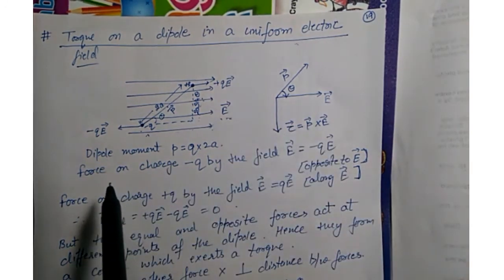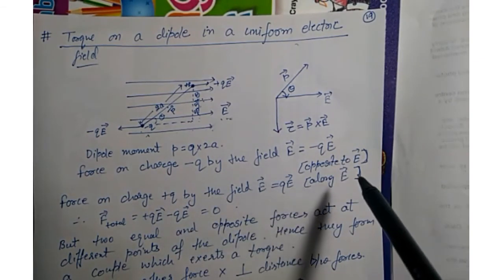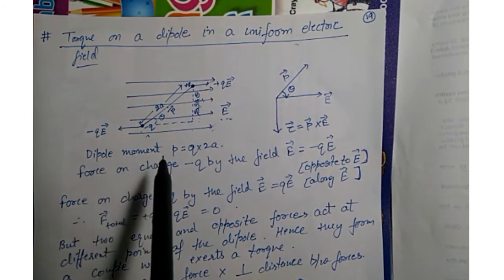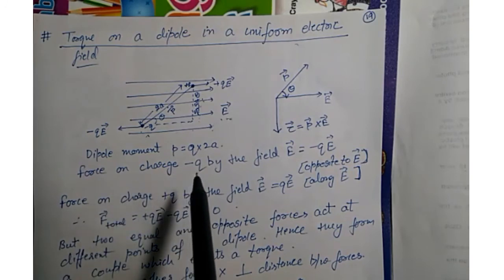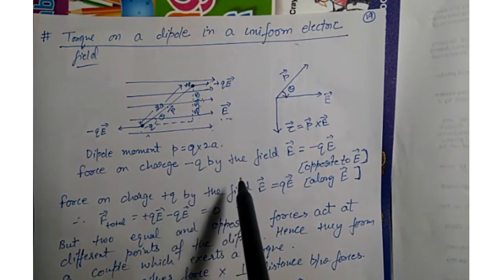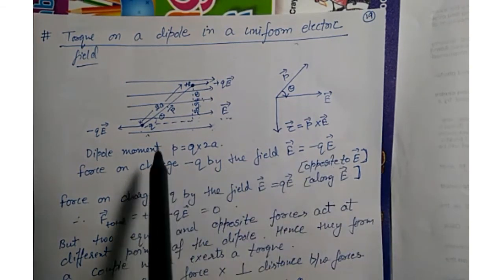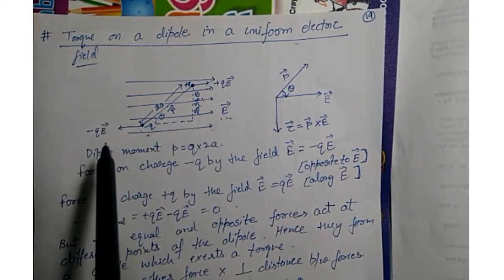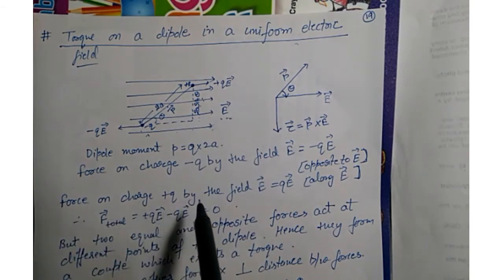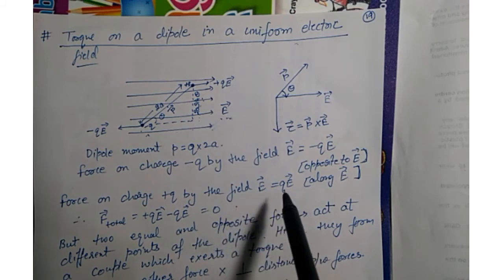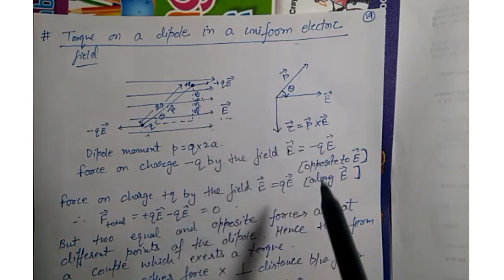You had already studied in your 11th class that torque is equal to force into the perpendicular distance. Now, the formula for dipole moment is P equals Q into 2A. The force on charge minus Q by the field E is minus QE, opposite to the direction of the electric field, and the force on charge plus Q by the field E is QE, along the direction of the electric field.